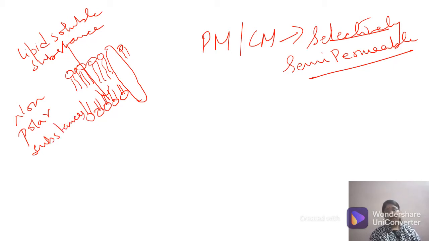See, you have to understand the terms polar and non-polar. Like carbon dioxide, oxygen, they can diffuse very easily through this lipid layer. But your polar molecules, polar means what? The word itself tells you that it has got polarity.